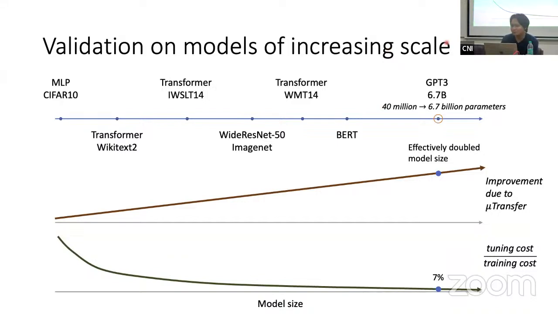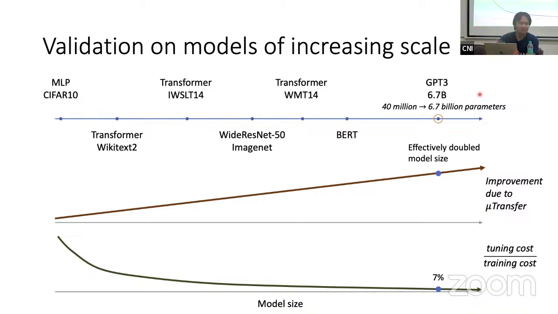Tuning costs are very easy. On a 40 million parameter model, for example, I don't remember the exact number, but maybe we tried 100 different sets of hyperparameters. We randomly sample 100 different hyperparameters from the grid, and we try all of them. We train the 40 million parameter model to the end, and then we pick the best hyperparameter.